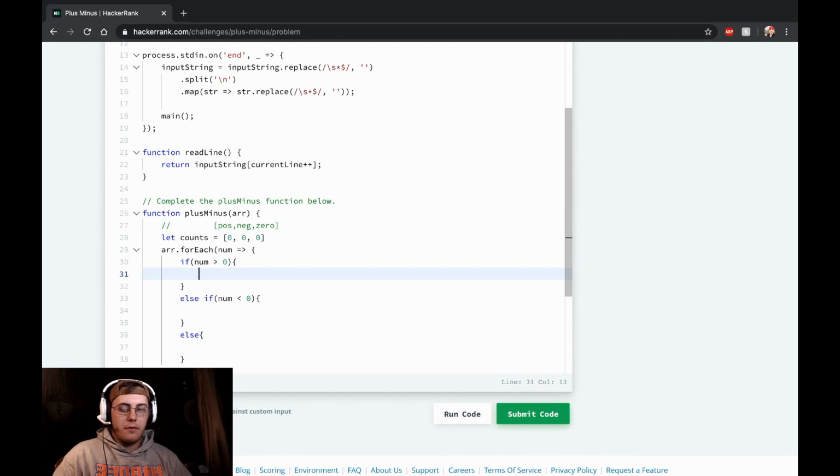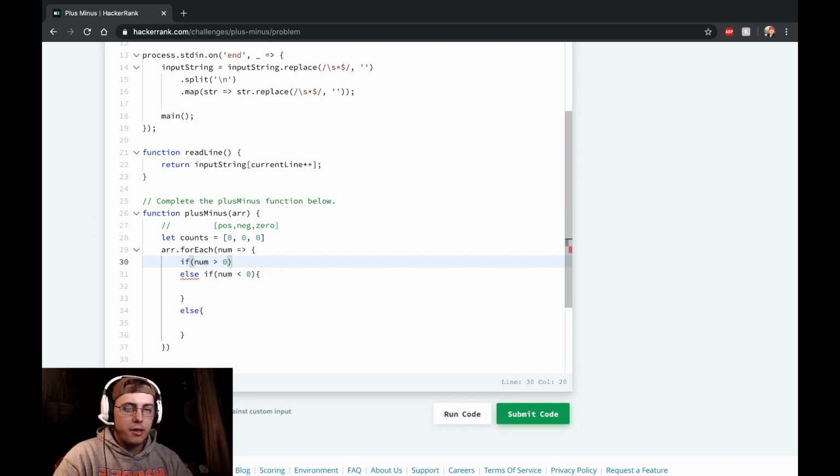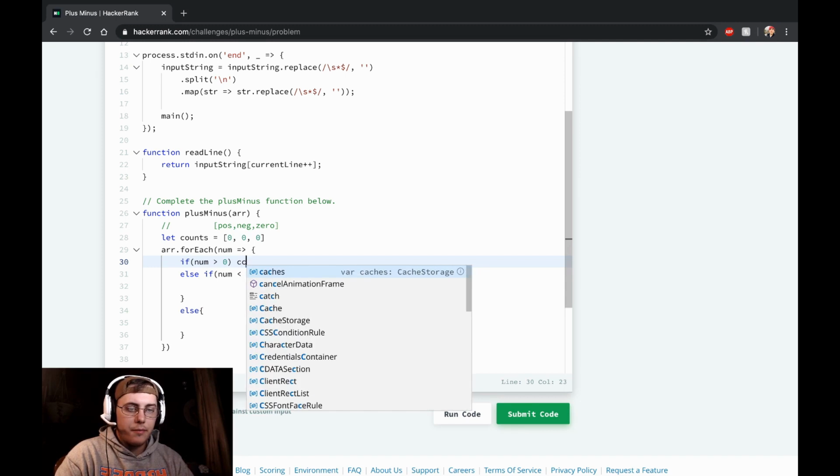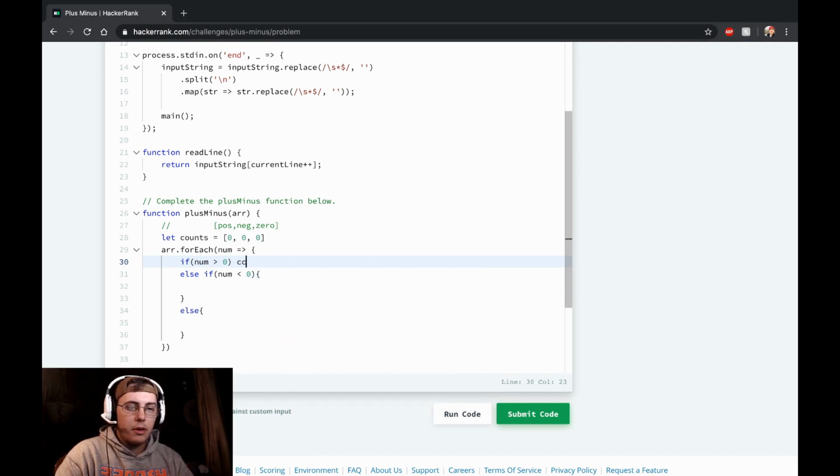So if num is greater than 0, pretty much the same thing as I did in the last video, where if num is greater than 0, it means it's positive, I would just say counts[0] plus equals 1, and then the same thing here.